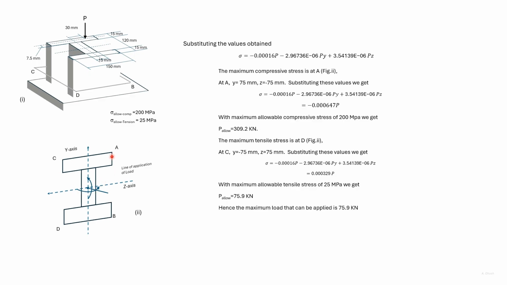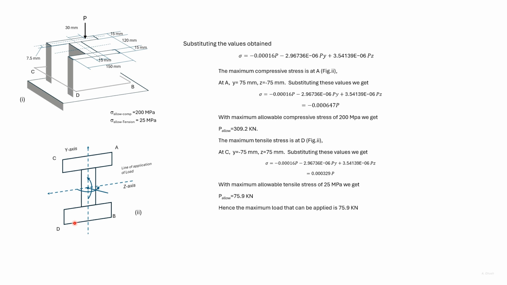It will also cause a compressive stress at A. Also, the axial load will cause a compressive stress at A. We can add up these stresses, which will give the stress at A in terms of P. To prevent failure, that stress has to be equal to the allowable compressive stress, from which we can find a value of P. This value of P is the maximum value that can be applied without compressive failure.